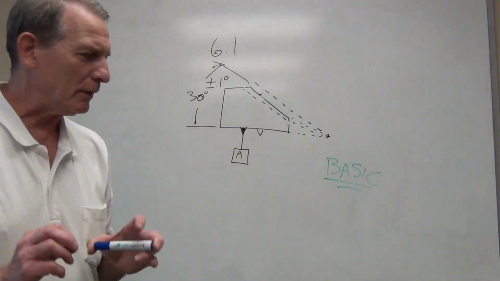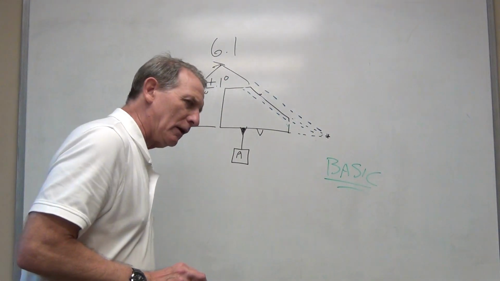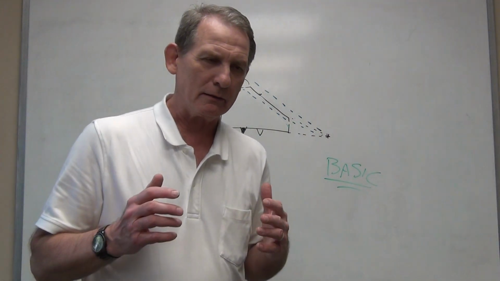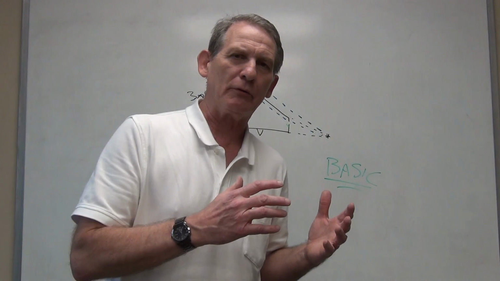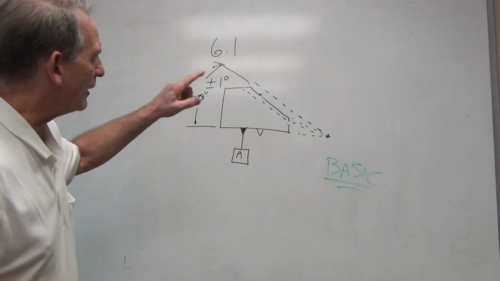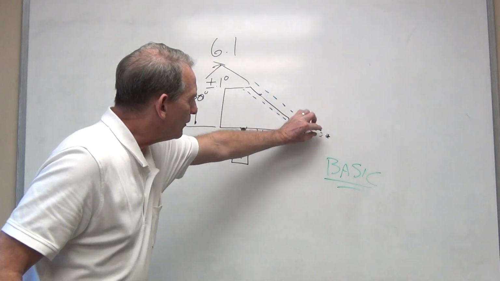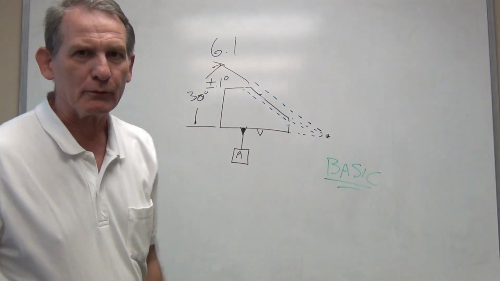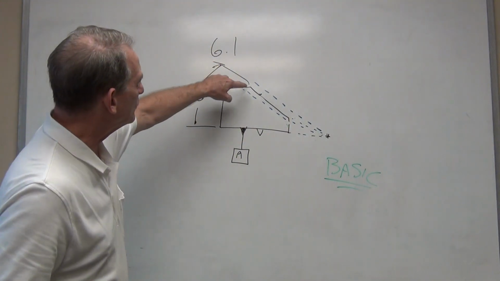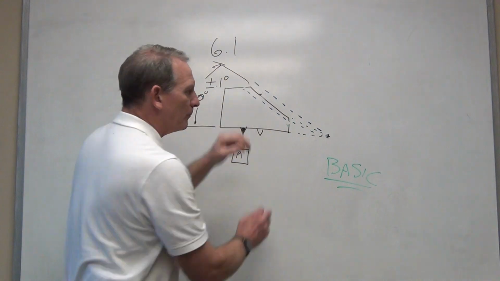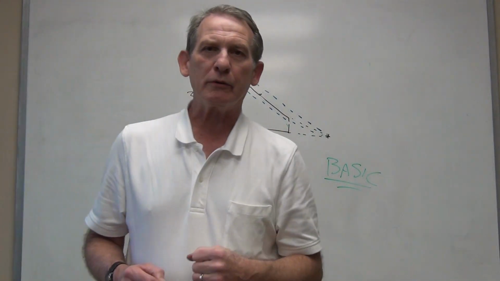And here's the really unfortunate thing about this, and when we talk about angles in metrology, we say this is a source of a significant amount of error because we have an amplification factor here. And that amplification factor is the further away we get from this rotational point, the wider that tolerance zone gets. So the tolerance zone is whatever it is here, and it's less here. So we have an unequal tolerance zone.